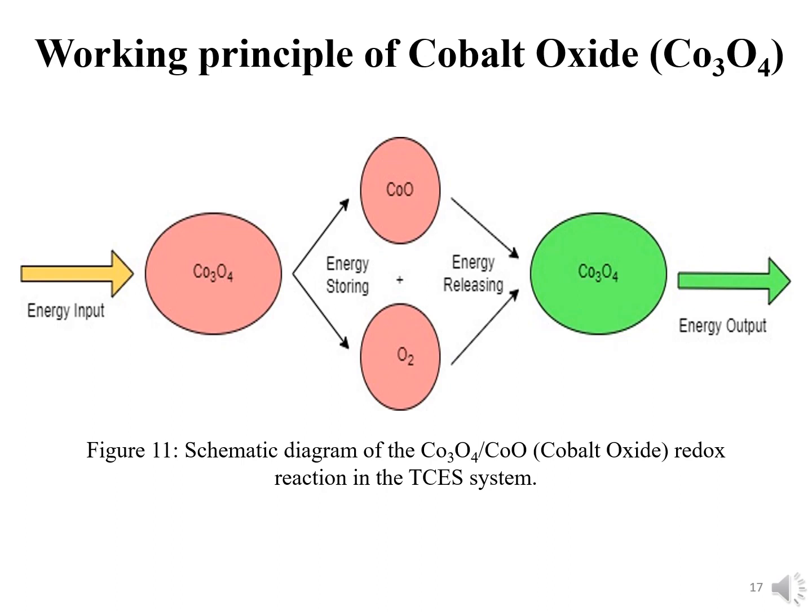After that, the cobaltous oxide and oxygen get separated and energy is stored. This phenomenon of capturing energy with the help of cobalt oxide is called energy storing. Later, when we need to use this stored energy, we release it and it gives the energy. This process is called energy releasing, and we can use this energy whenever we need it in future applications.